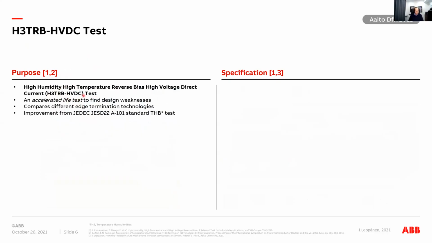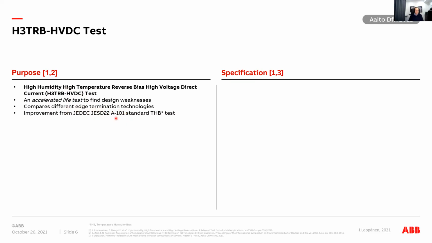But it is important to remember whether you are using this high voltage DC or not, because there used to be older standards like this JEDEC standard. It is a good standard in other ways, but it describes the tests only with low voltage, and that's a really problematic one for power semiconductors where we really have high voltages.